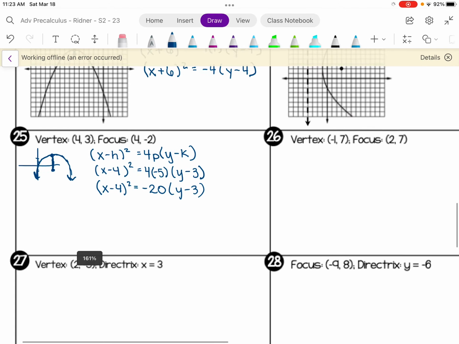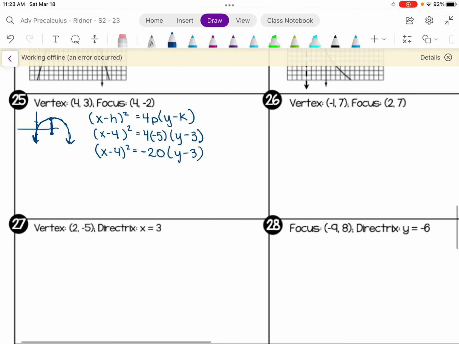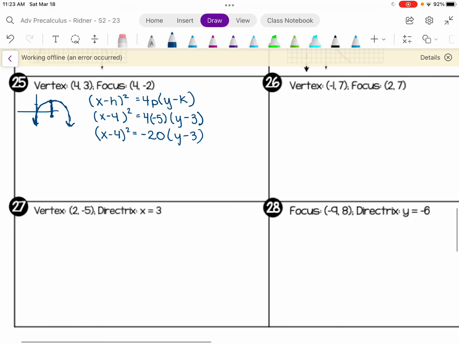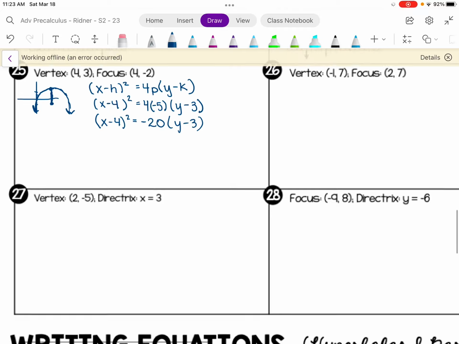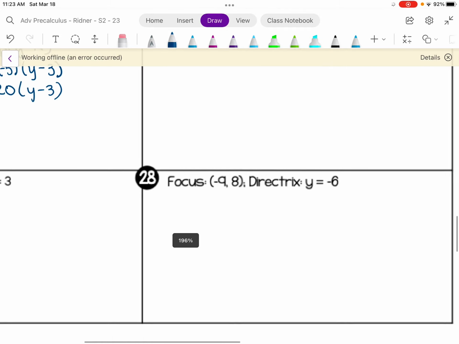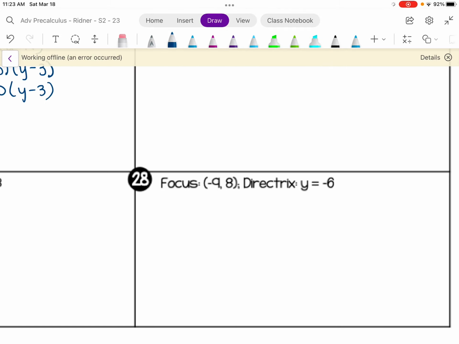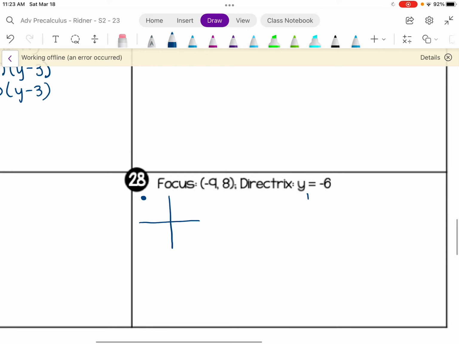All right, so there are just some more examples again. I'm not going to go over video forever for it. I will do this one over here on 28, or at least start it, because I think it confuses us sometimes. -9/8 is up here. y equals -6 is a horizontal line at -6.